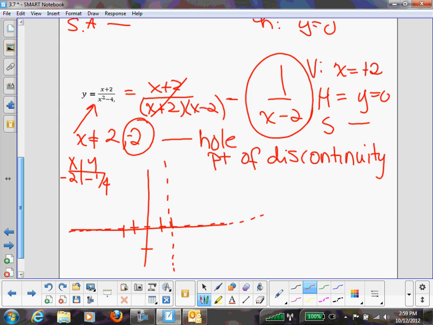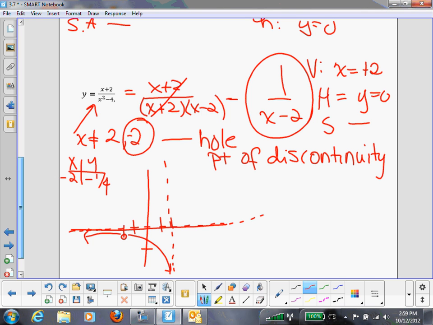So at -2, I have -1/4. It's a hole. It's a point of discontinuity. And then we know that it's going to do this over here, because it canceled out. Because if we cancel it out, it becomes a hole.